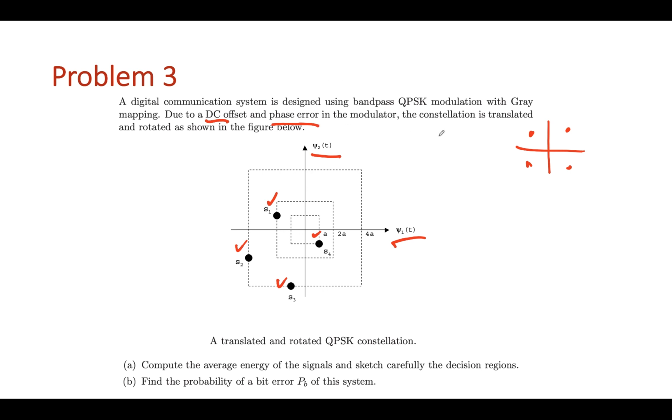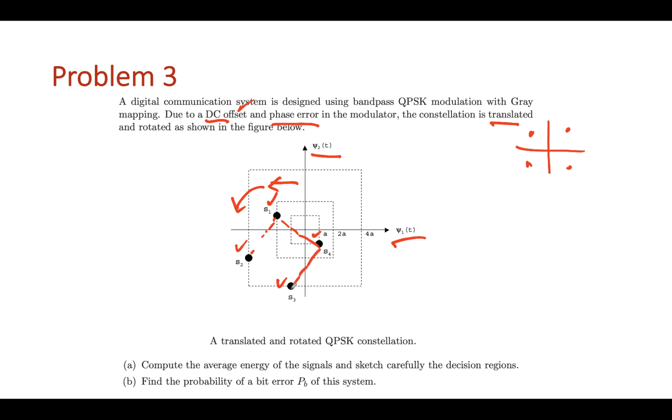Because of the DC offset, the constellation has translated. It has moved slightly to the left, and then there is a phase error that has also rotated the constellation, and now it looks like this.